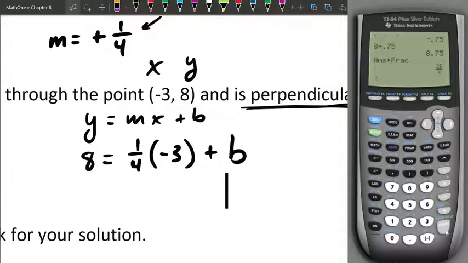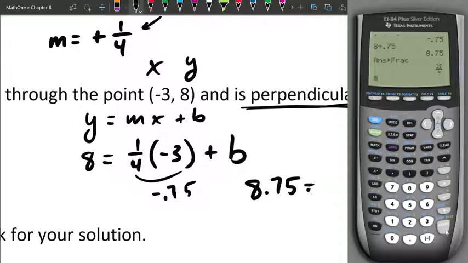But either way would work. -0.75 is what this is, 3/4. And then I add that to both sides. So I get 8.75 is my value of b. For those of you that care, that's the same as 35/4.